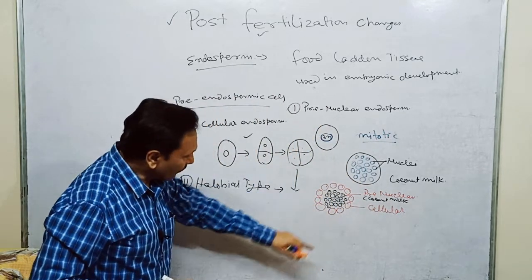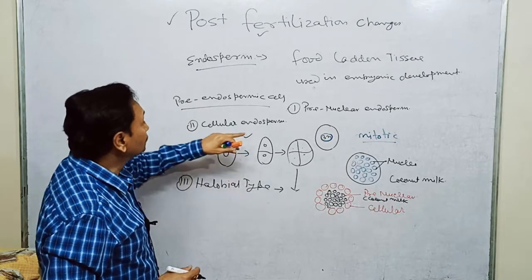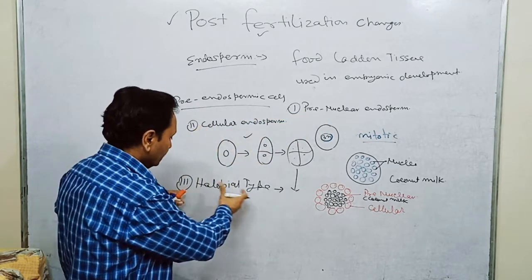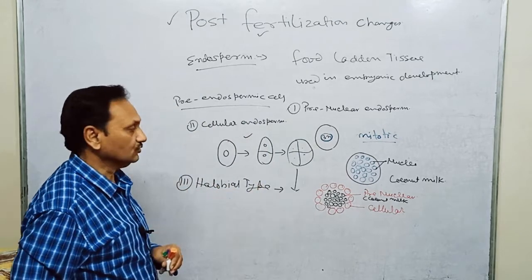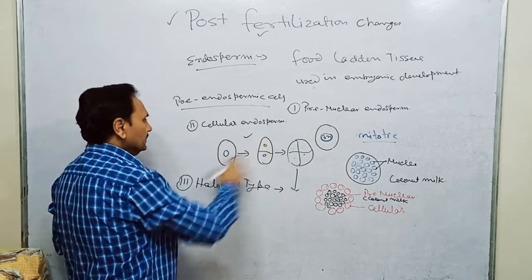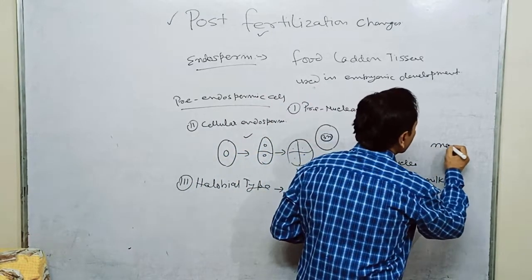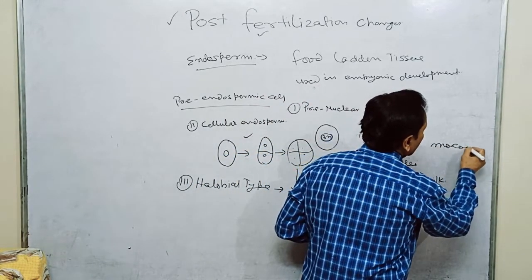So in coconut both types of endosperm, free-nuclear and cellular, are present, which is called helobial endosperm. The cellular endosperm is mainly present in monocot plants.